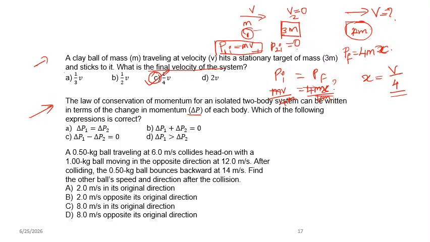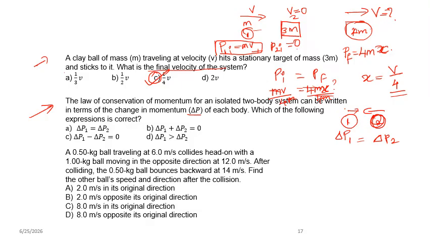We have two particles, particle 1 and particle 2. Particle 1 will have a momentum before, and right after the collision it will have a momentum after. Let me say delta P1 is the change in momentum of particle 1 and delta P2 is the change in momentum of particle 2.